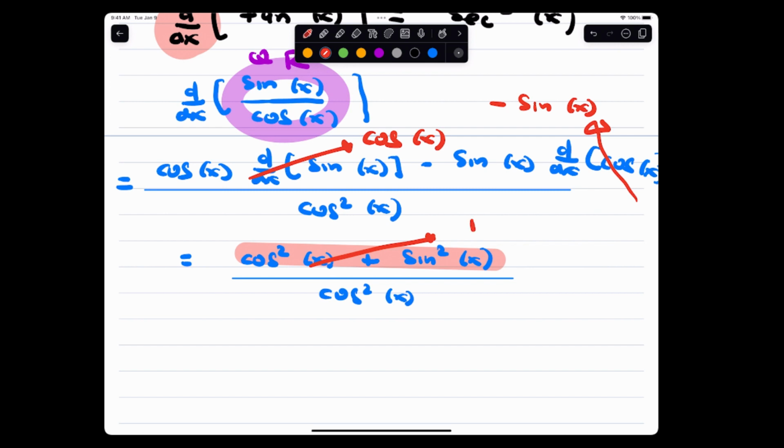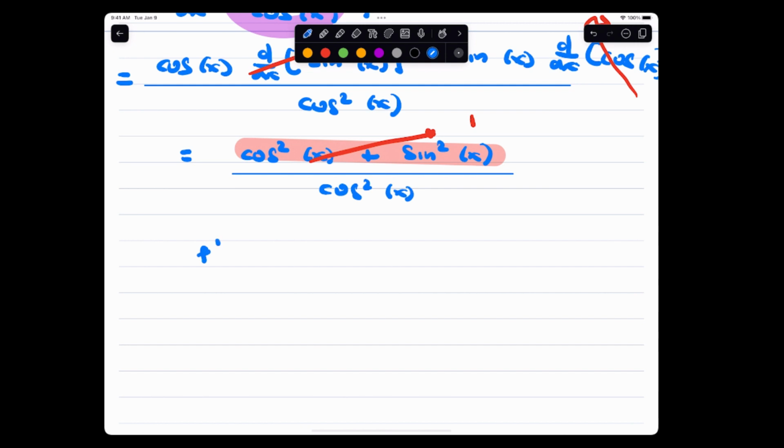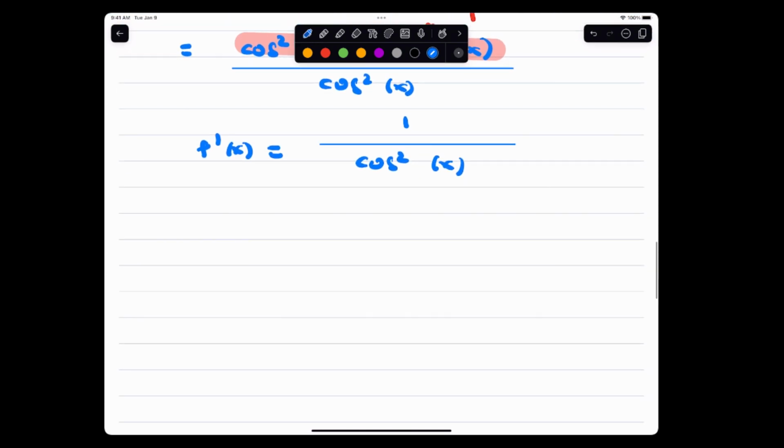Isn't that 1? One over cosine squared. Okay? Now, I also demonstrated this to the trig class this morning. What are you really looking at?